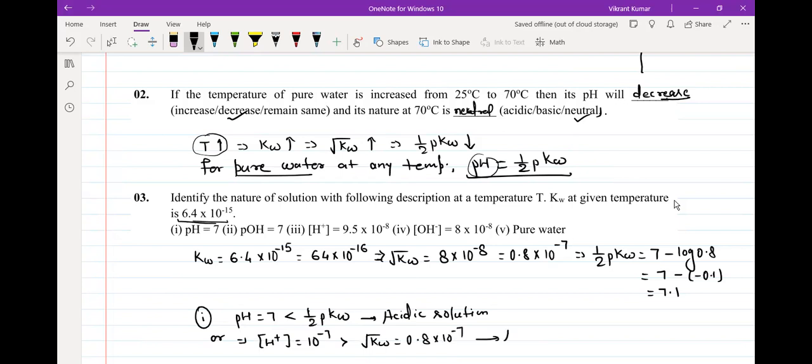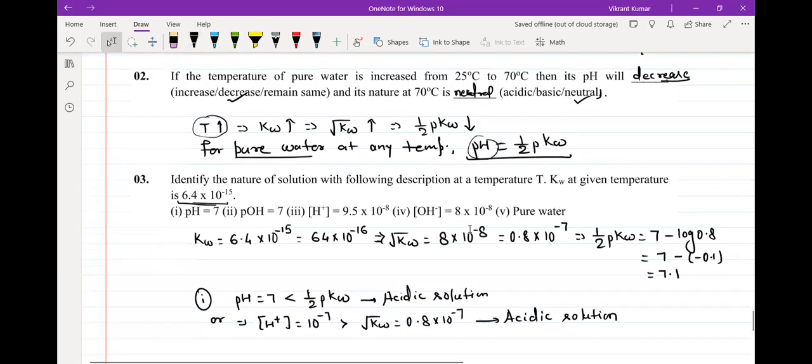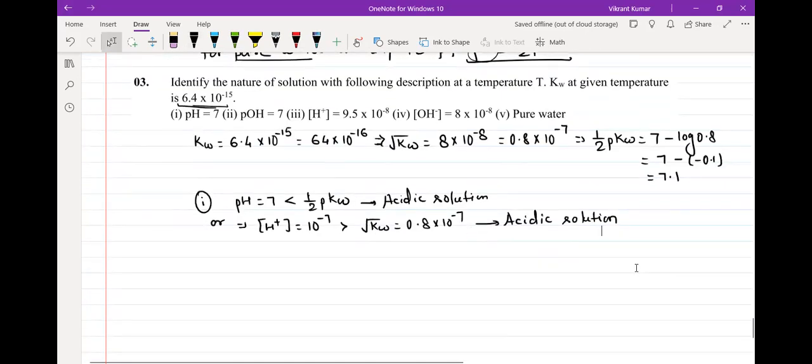So that also says it is acidic solution. Mistakes? Harsh? मैंने हाफ नहीं किया. ओके. सो pKw से कंपेयर नहीं करते, हाफ pKw से करते हैं. और अदरवाइज विल कंपेयर द आयन का कंसंट्रेशन विद रूट Kw. ठीक है. सो दैट्स फर्स्ट पॉइंट.